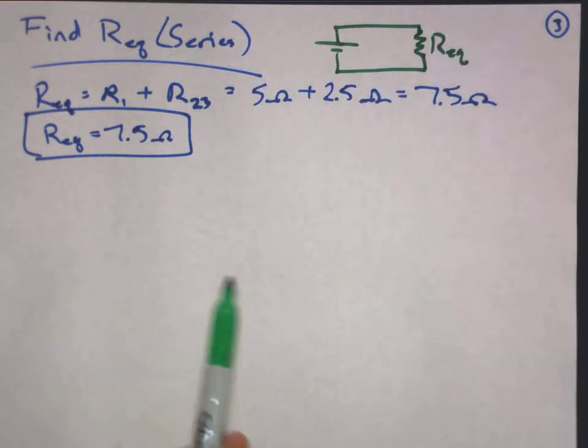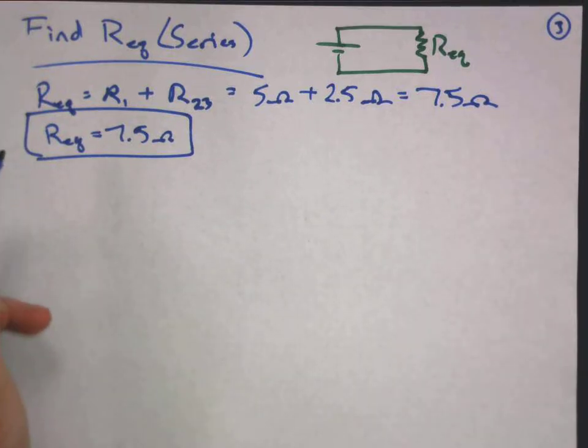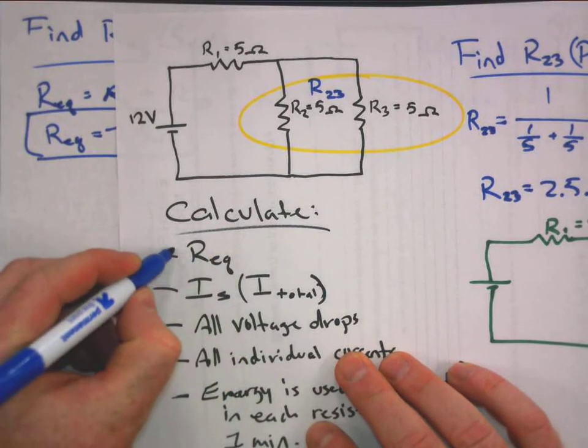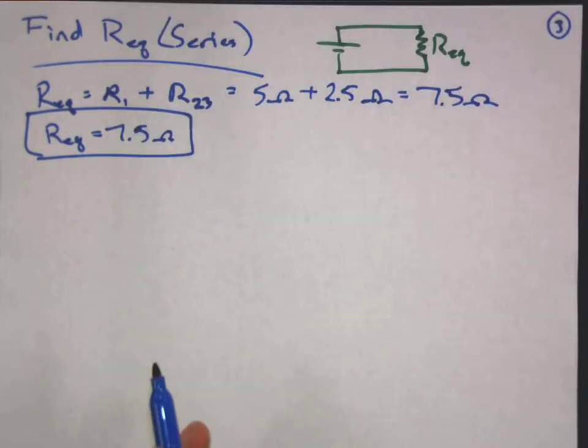That's pretty cool. Now what do I do with that? Well, the next task I have to do, where'd the list go, right? So I've done this, check that off. I need the total current, or current through the source.